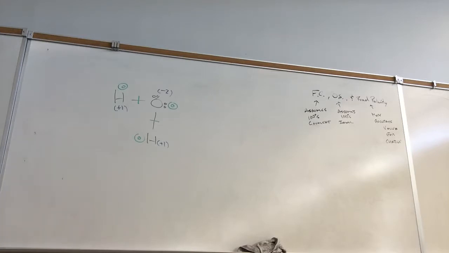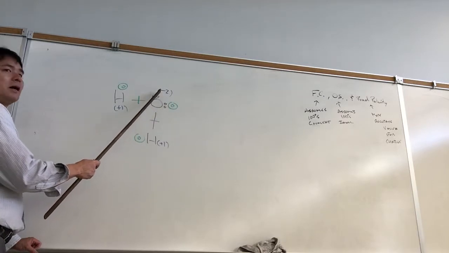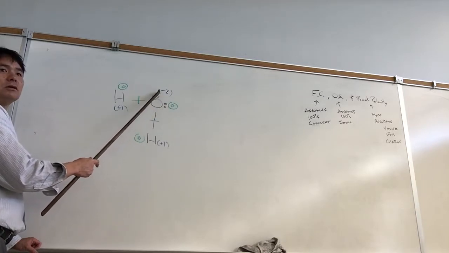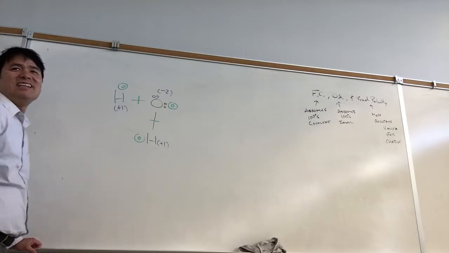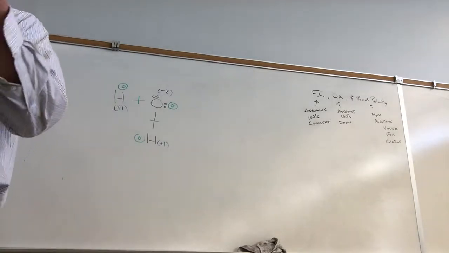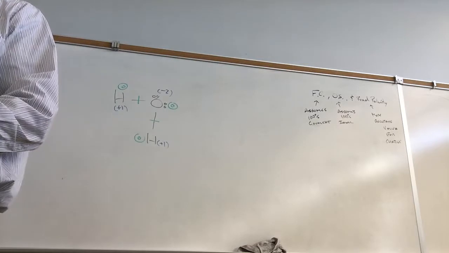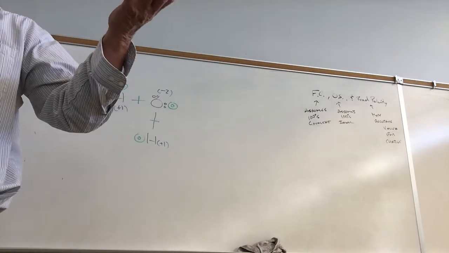Now, that brings up a question, is oxygen 0 charge or is it -2? What is it? It's neither, because the oxygen-hydrogen bond is not 100% ionic, it's not 100% covalent, it's somewhere between 0 and 100%, right?